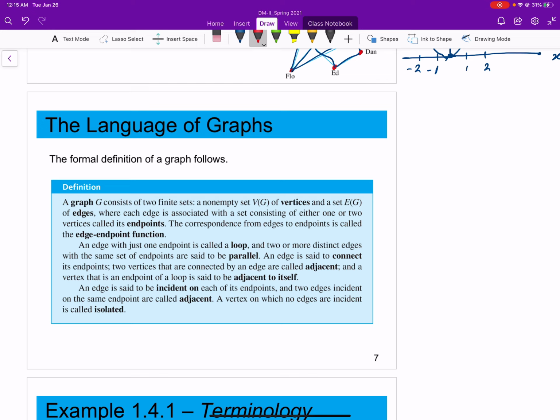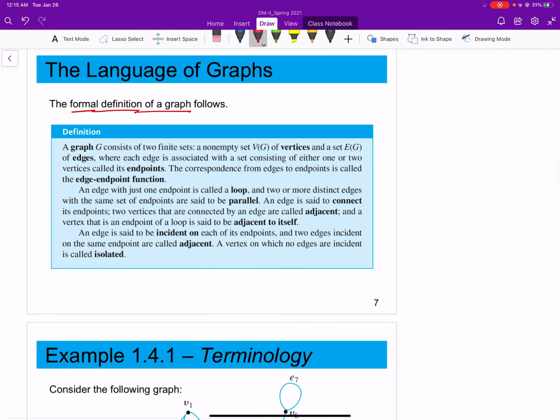Now we're going to understand some definitions. These are formal definitions in graphs. All right. A graph G consists of two finite sets, non-empty set V of G. Actually, this V stands for vertices.